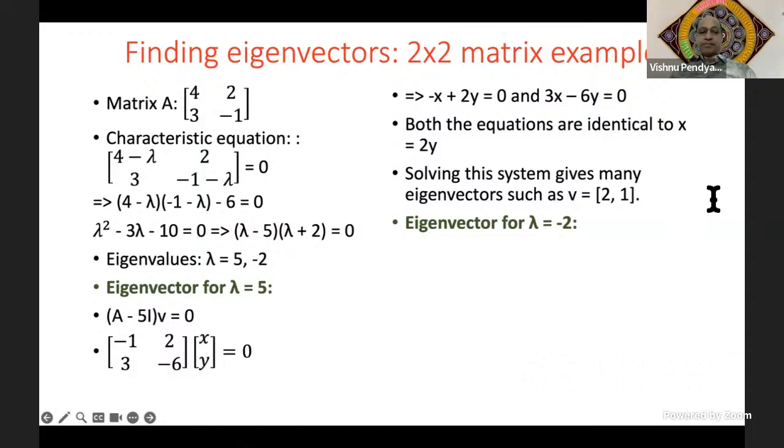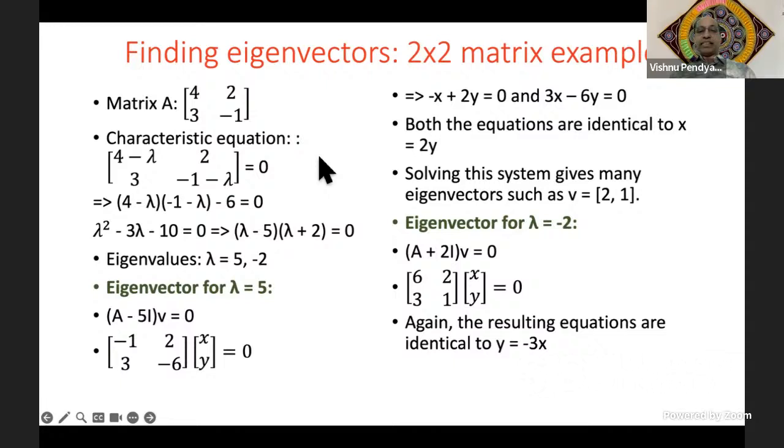So the eigenvalues are only two, but there are many eigenvectors. You can choose any x and y. So eigenvalues are more important. When the eigenvalue is -2, we again substitute the values, you get new equations, and this time again, it will result in identical equations and an infinite number of eigenvectors like 1 comma -3, 2 comma -6, and so on.